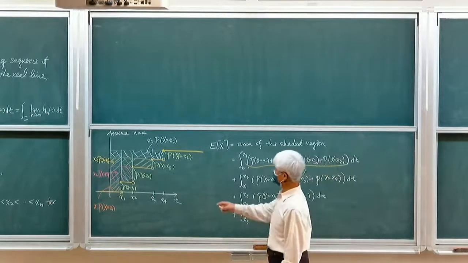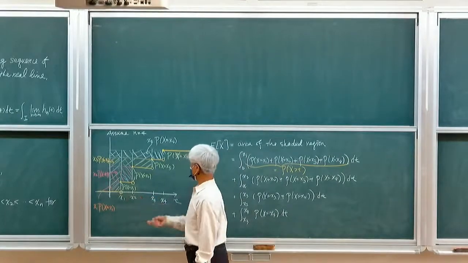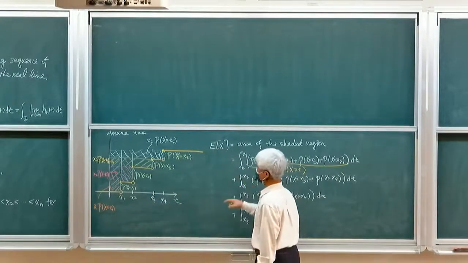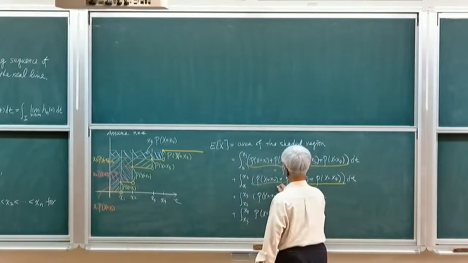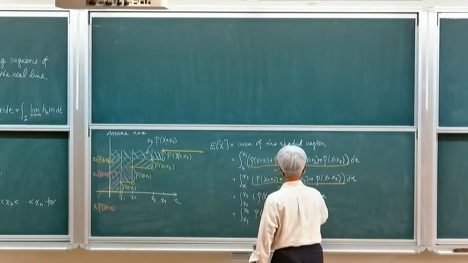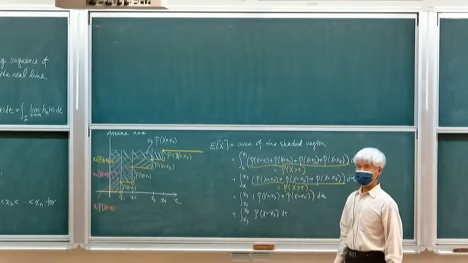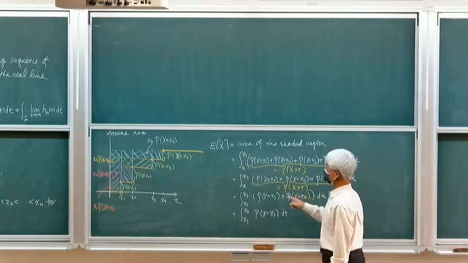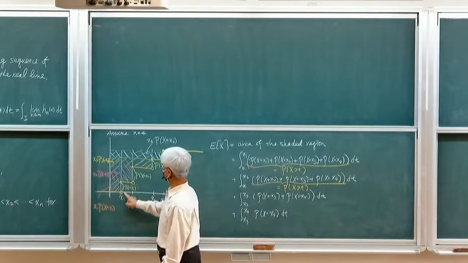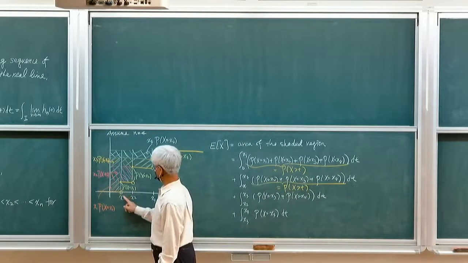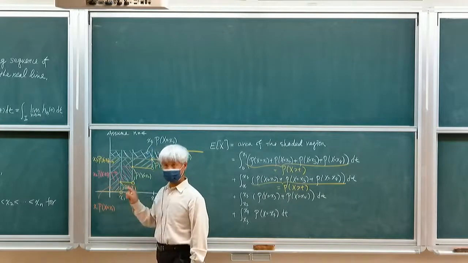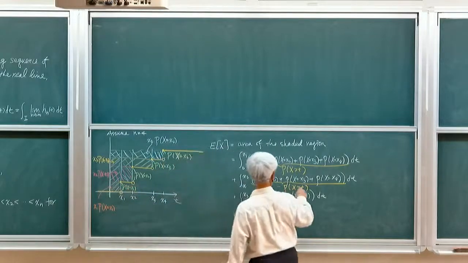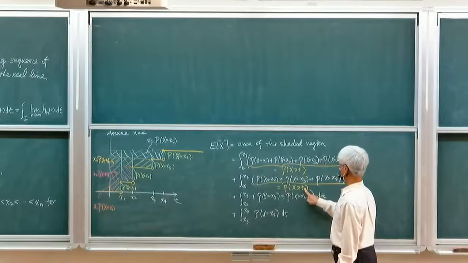Similarly, in the interval from x1 to x2, this is also equal to the probability that X is greater than or equal to t, because when t is between x1 and x2, the jump at x1 is not included since t is already greater than x1.